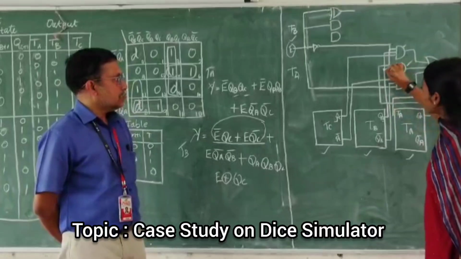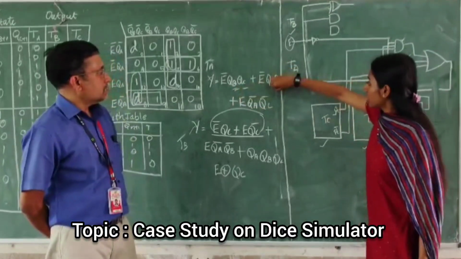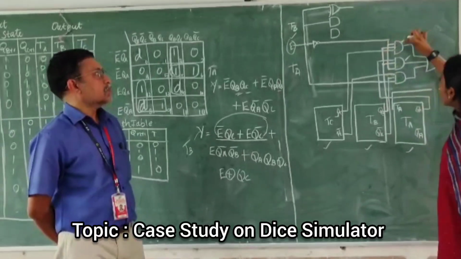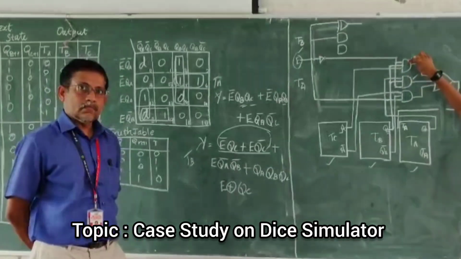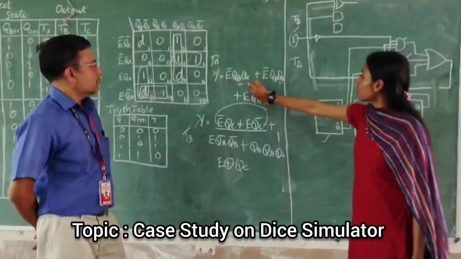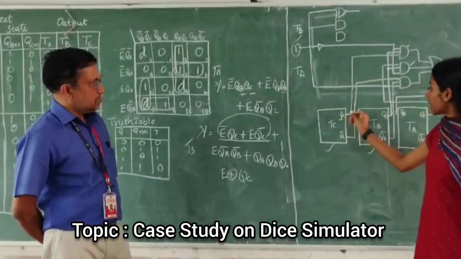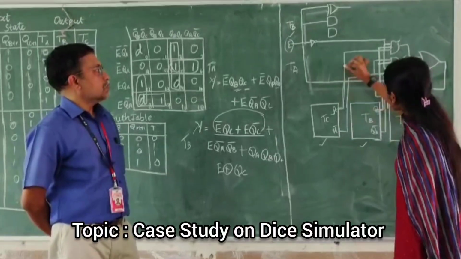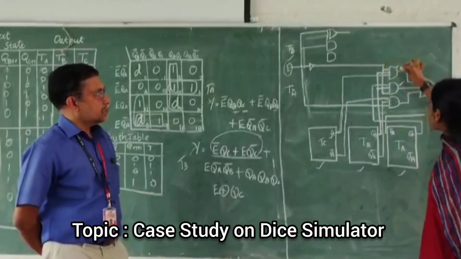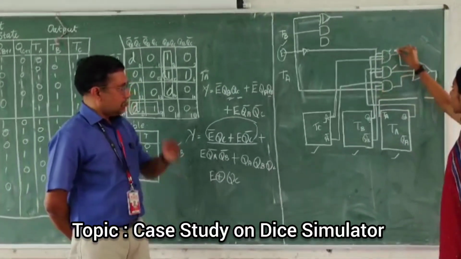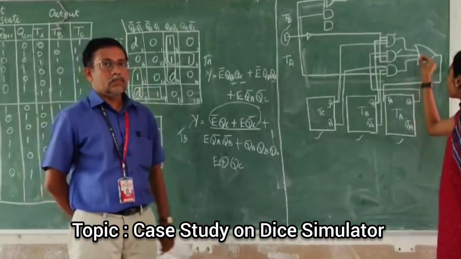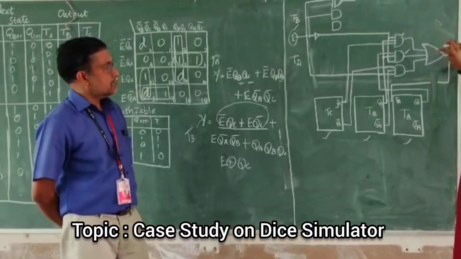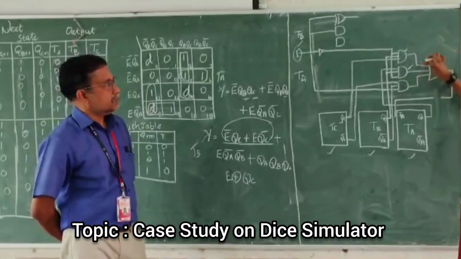QB goes to two AND gates, and one more connection from the same QB goes to the first AND gate. Likewise I have connected all these AND gates, and at the end I have connected an OR gate to get the resultant answer.